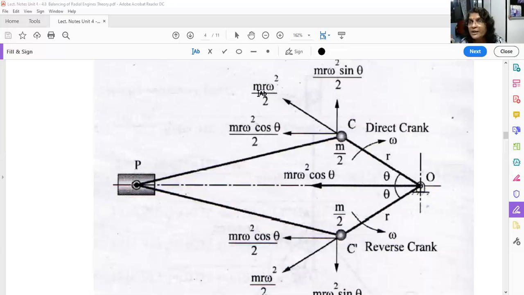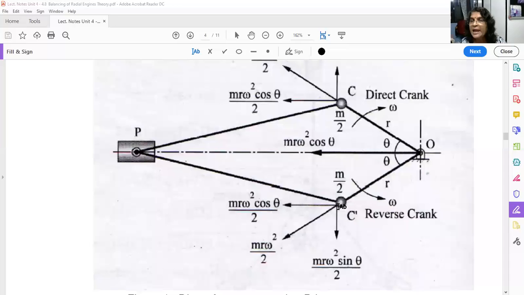Now the remaining half force we imagine to be placed at an imaginary crank pin. So this is an imaginary crank, and this is the imaginary connecting rod. This is known as the reverse crank, which is exactly the mirror image of this crank along the line of stroke.